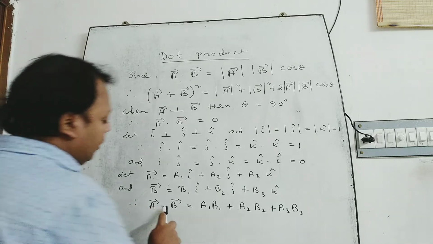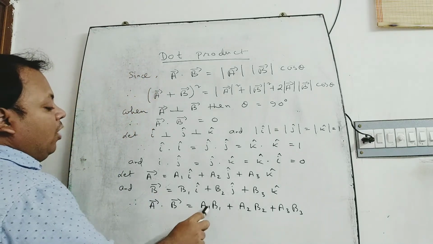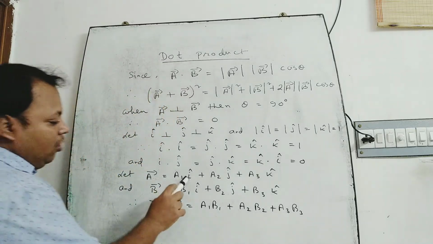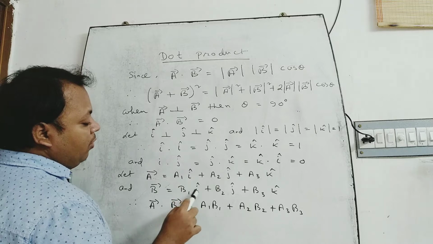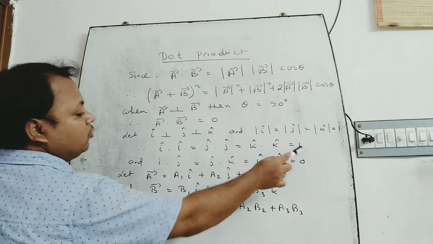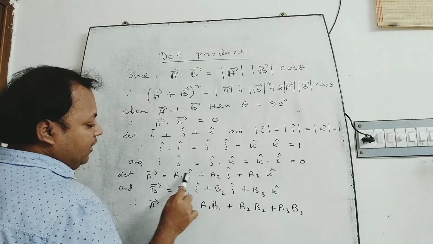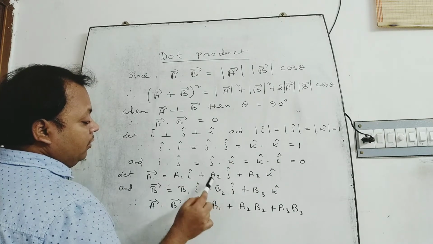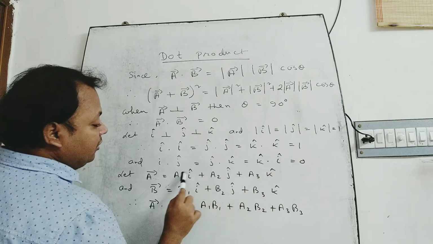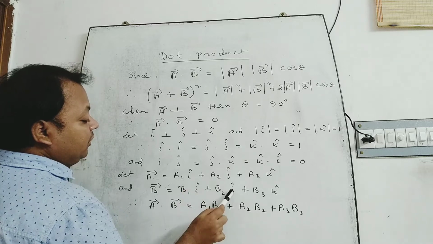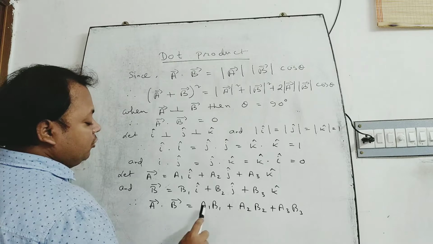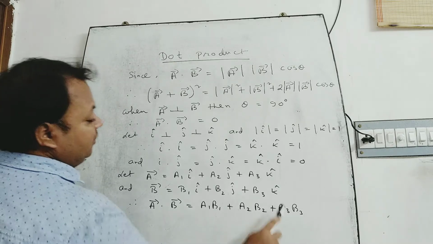Therefore, a vector dot b vector is equal to a1 b1 plus a2 b2 plus a3 b3, because a1 i cap dot b1 i cap gives us a1 b1 into i cap dot i cap, which is equal to 1, and since i cap dot j cap gives us 0, the product between i cap dot j cap is 0. Similarly, we get that a dot b is equal to a1 b1 plus a2 b2 plus a3 b3.